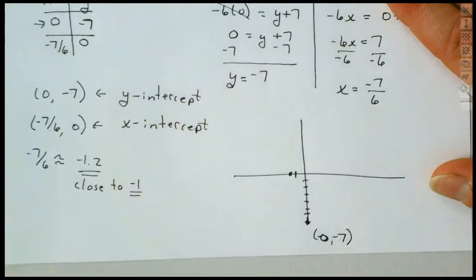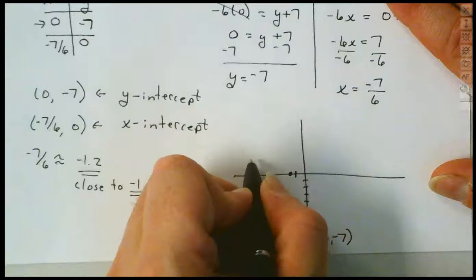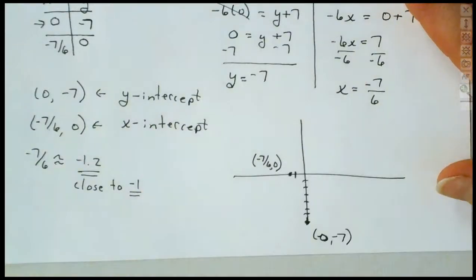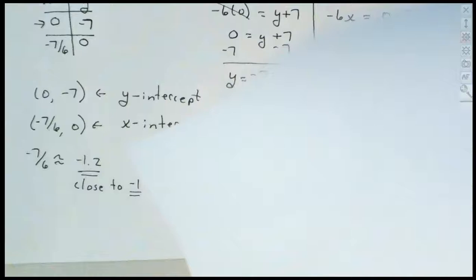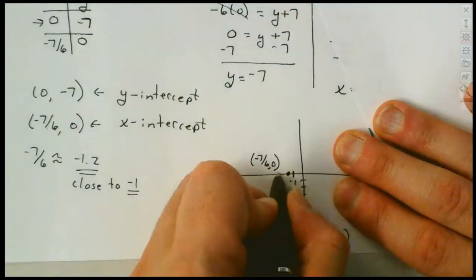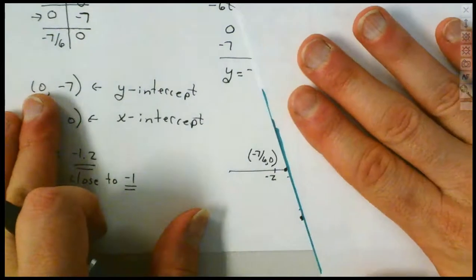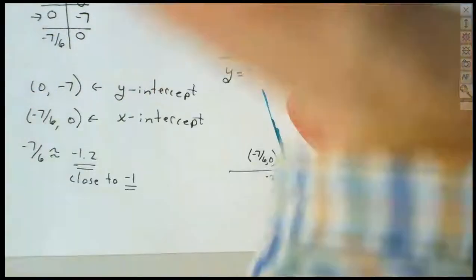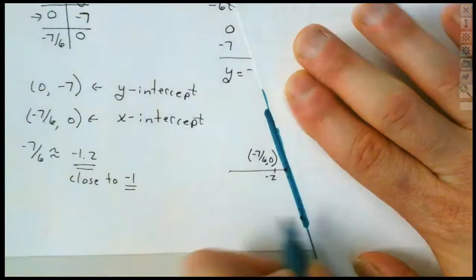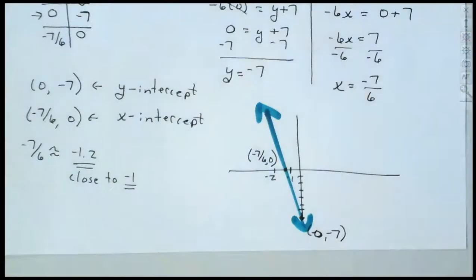Ours is just a little bit past that, not by much at all. And that's our second point, which is -7/6, comma 0. Now we have our two distinct points, and it's real close to that -1 because there's -1, and here's -2, so I just kind of picked it close to it. We can now connect these together, and we get our graph. Okay, so there's our graph right there.